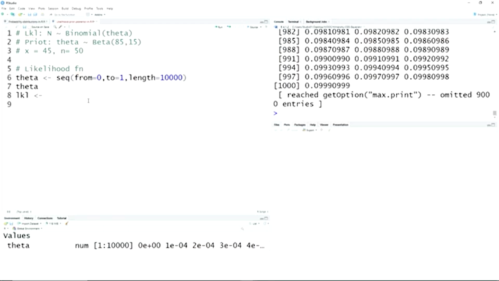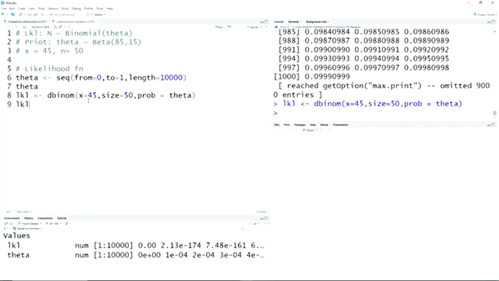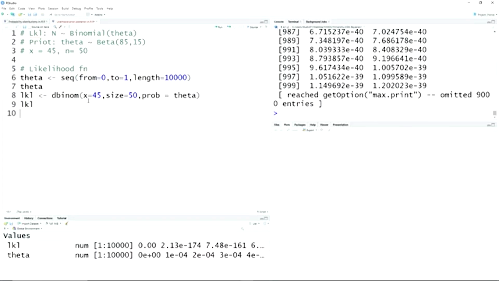So to compute the likelihood, you can use the dbinom function, because that gives the likelihood for the corresponding values of theta. In dbinom, you first pass the data: x is 45, sample size is 50, and the probability is the theta vector. This will give you a vector of likelihoods corresponding to each value of theta.